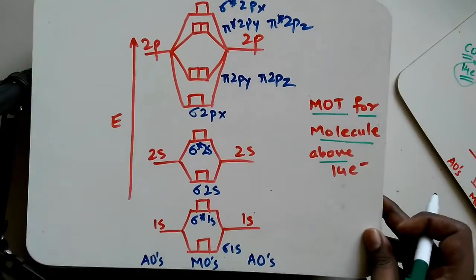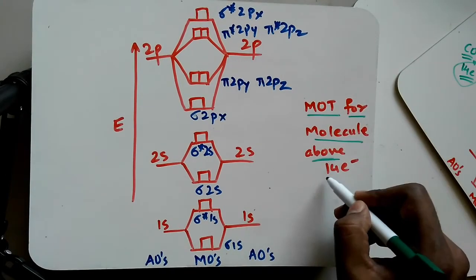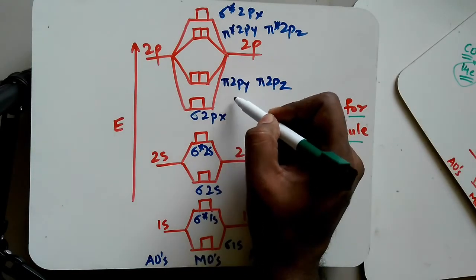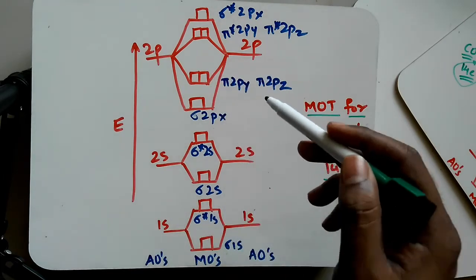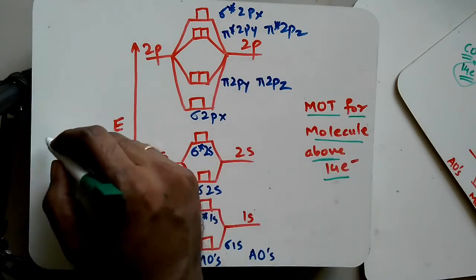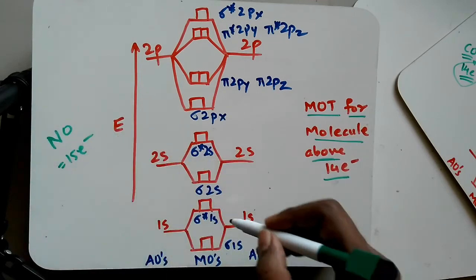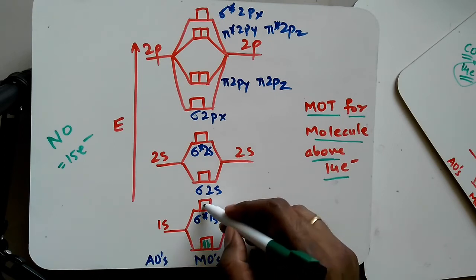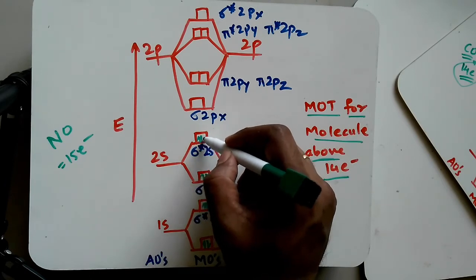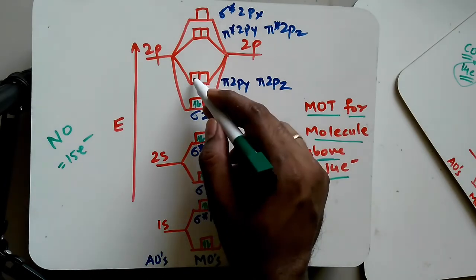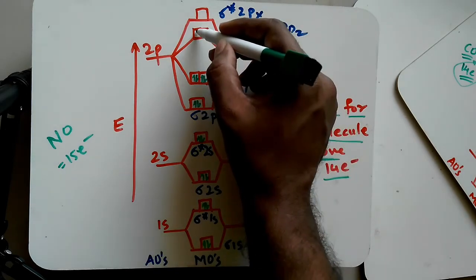For NO, you can use this MOT. This is for above 14 electrons. The only thing is that I have interchanged these two places. The rest, all the energy levels, remain the same. Now for NO, I just calculated 15 electrons. So here 1, 2, 3, 4, 5, 6, 7, 8, 9, 10, 11, 12, 13, 14 and 15.